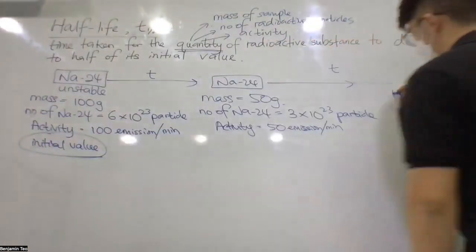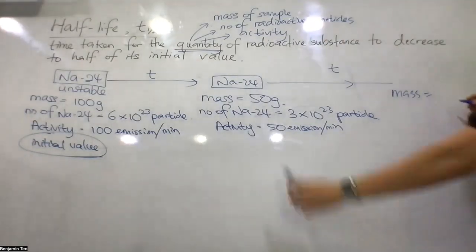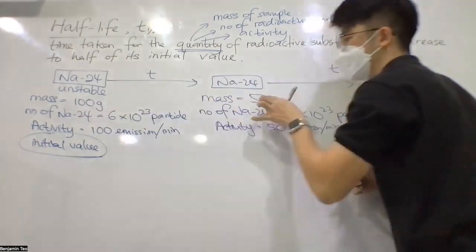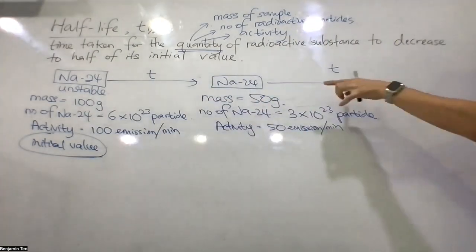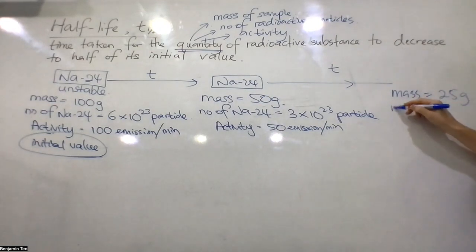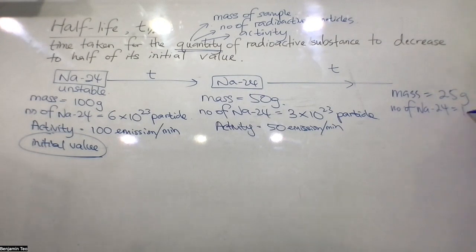Now I find my mass becomes again half of this one. 100, 50, half of that, and then half of this one, 25. Number of radioactive sodium-24 atoms, half of this one, 1.5. Activity again becomes half of that, 25 emissions per minute.